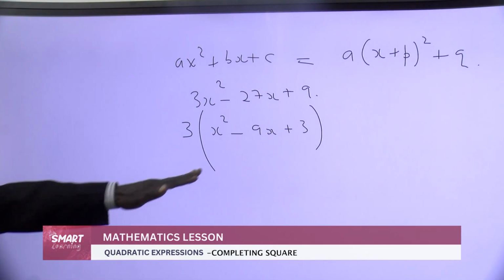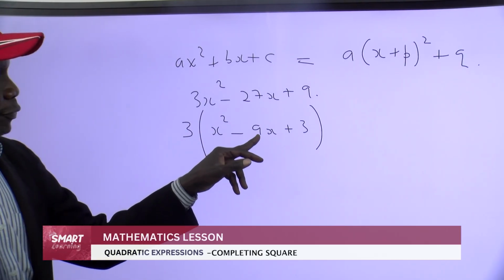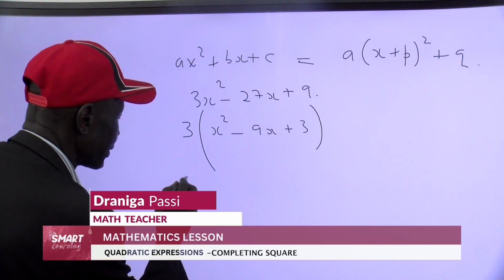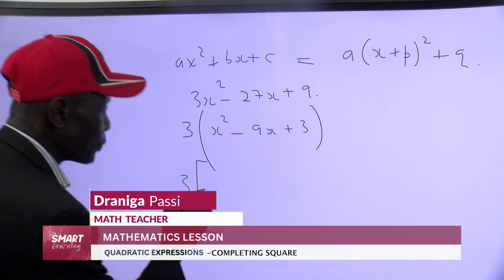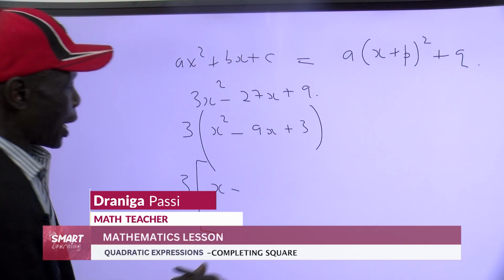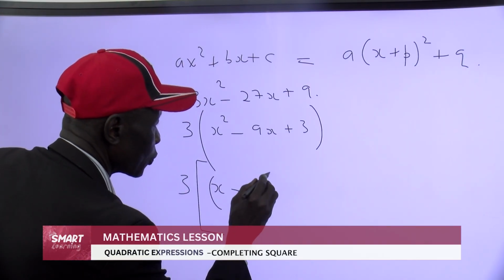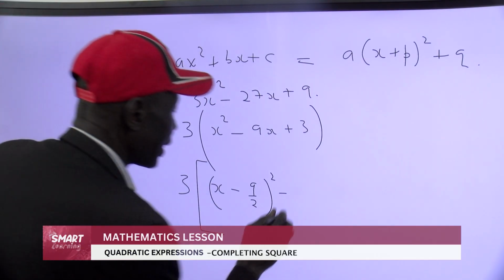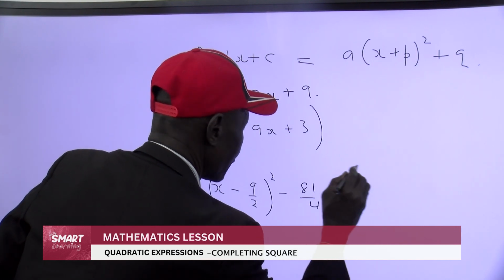Now, I can try and complete the square the same way I did there. So my b is negative 9. So what I do here is I write 3, let me put a big bracket. So I'm going to have x minus, if I divide this one by 2, I'll get 9 over 2 squared. Then I must subtract the square of this one, which is 81 over 4, plus 3.